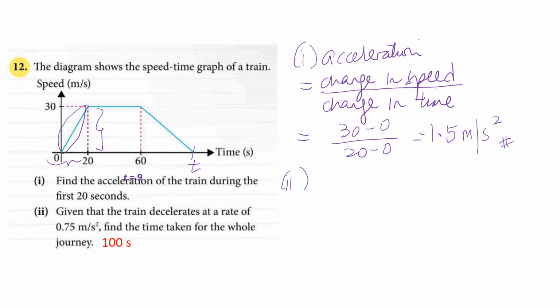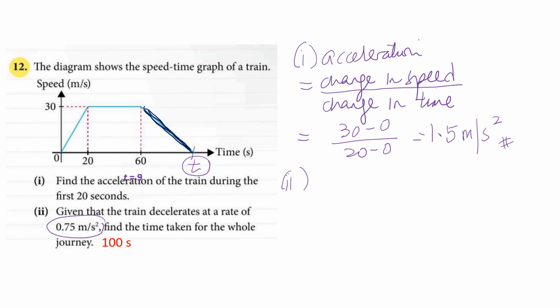This is the value we need to find. But you're given that the train decelerates at the rate of 0.75 meters per second squared. Which is the part that gives you the deceleration? It is this portion here, where the train is decelerating.